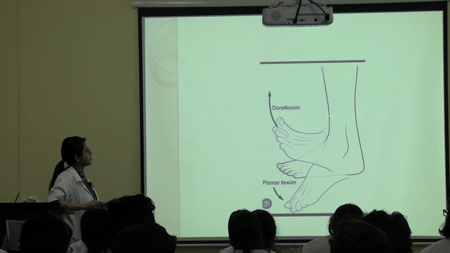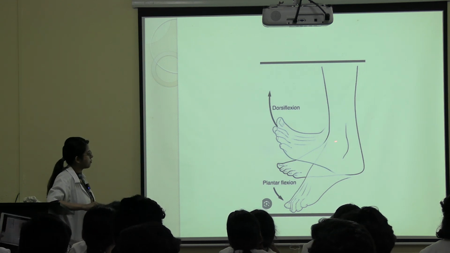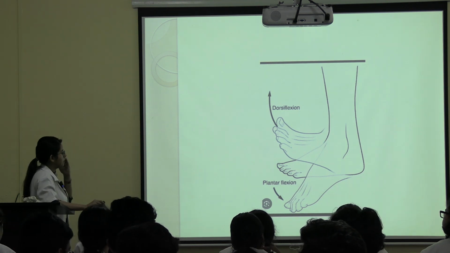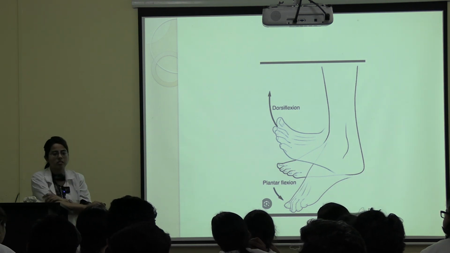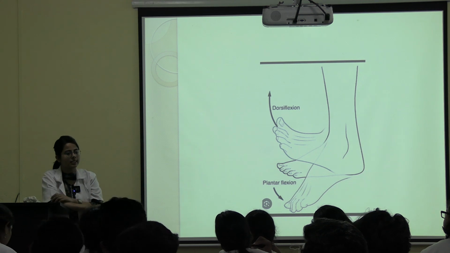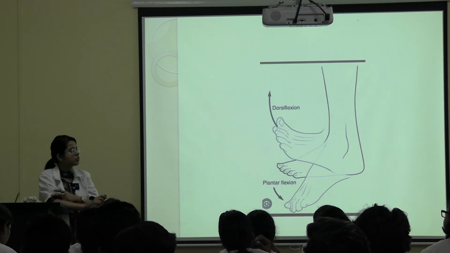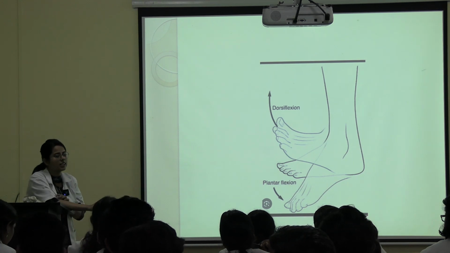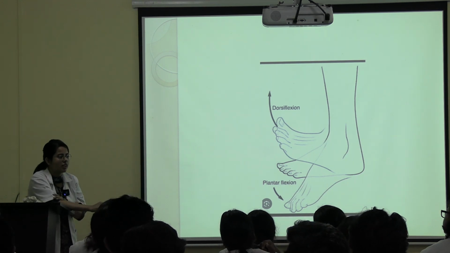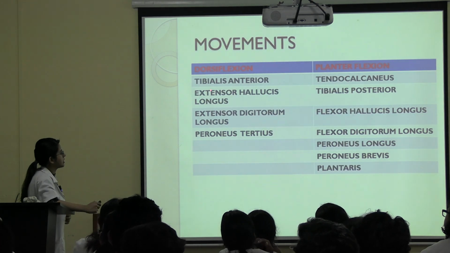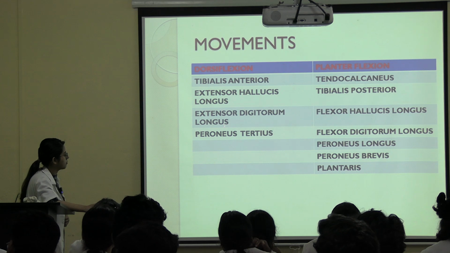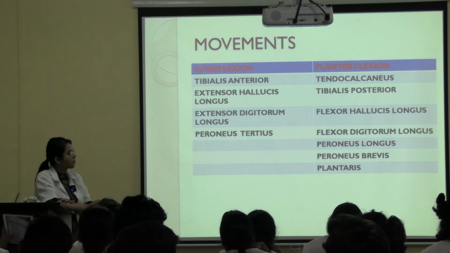I told you about the structures crossing the lower end anteriorly and posteriorly. So tell me, will dorsiflexion be done by structures present anteriorly or posteriorly? Anteriorly. So the structures are tibialis anterior, extensor hallucis longus, extensor digitorum longus and peroneus tertius.